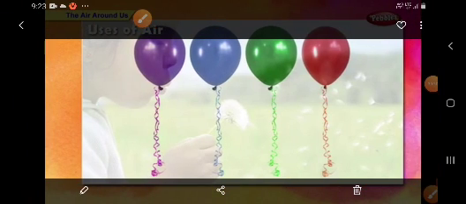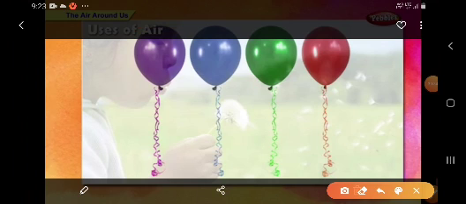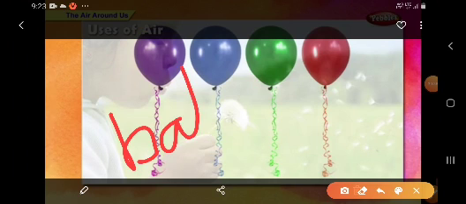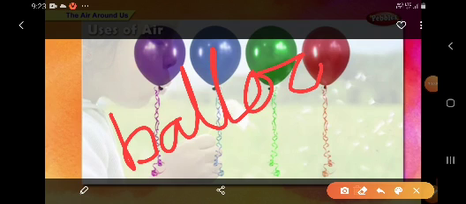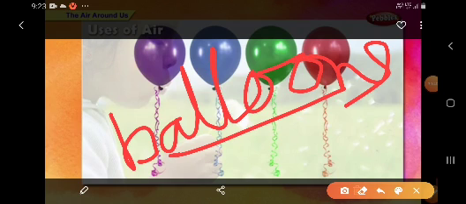Now balloons. These are the balloons. Children, air also helps in blowing the balloons. As we know, when you blow air into the balloon, it takes a shape and it swells.